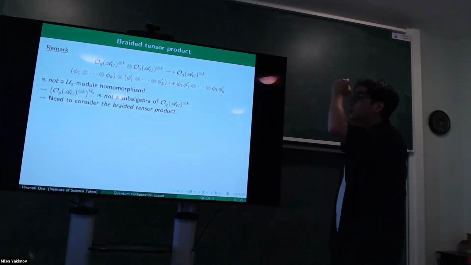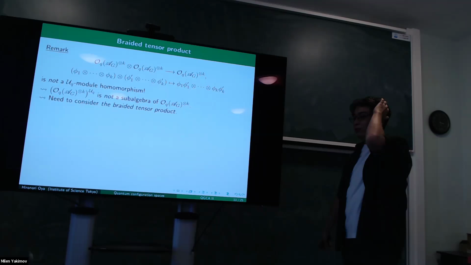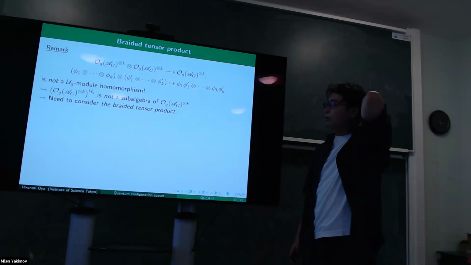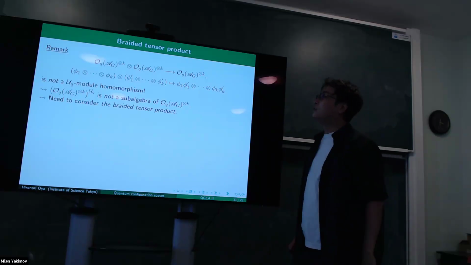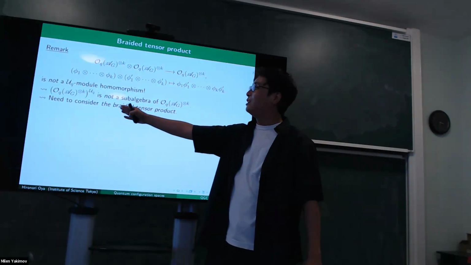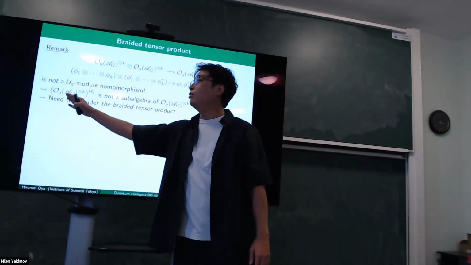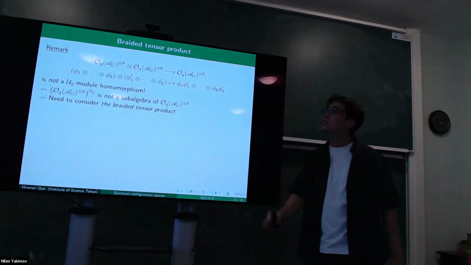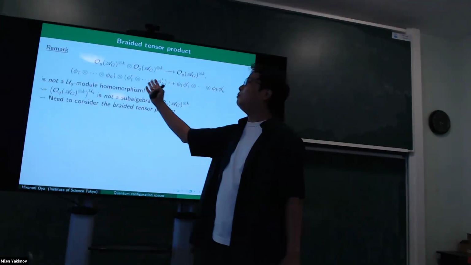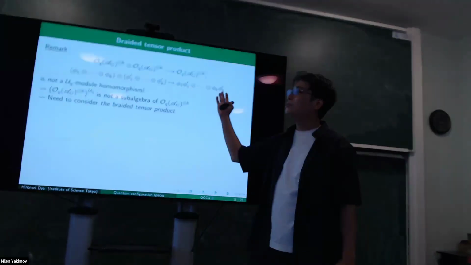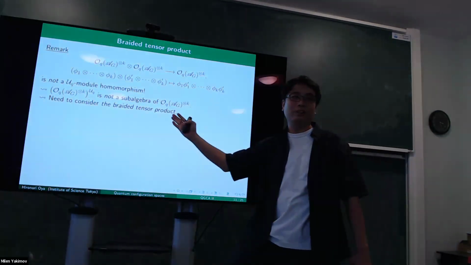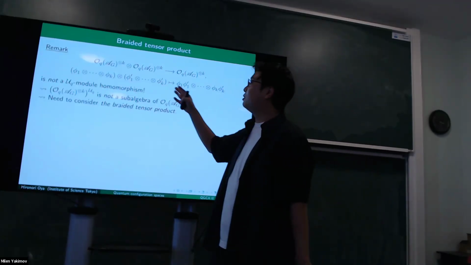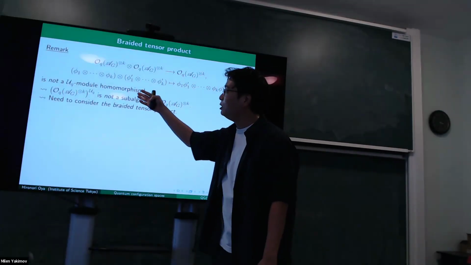Then next, we want to consider the quantum analog of the configuration space. So the naive definition is this one: we take the K times tensor product of OQ of AG and take the invariant part. But it has a problem, because this naive tensor product is not a UQ module algebra in the quantum case.